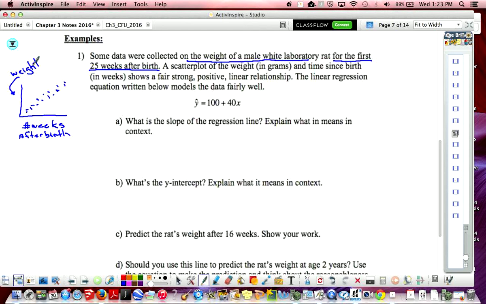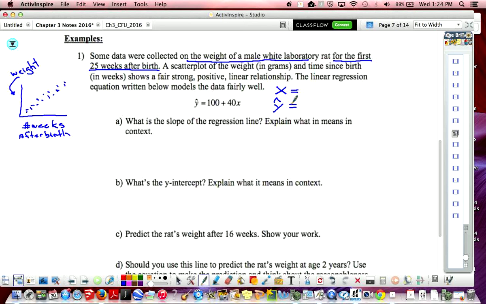A lot of times when you do these problems, like it says here, the linear regression equation written below models the data fairly well. So they give you the actual regression equation. Probably one of the most important things to do right away is to define what is x and what is y hat.